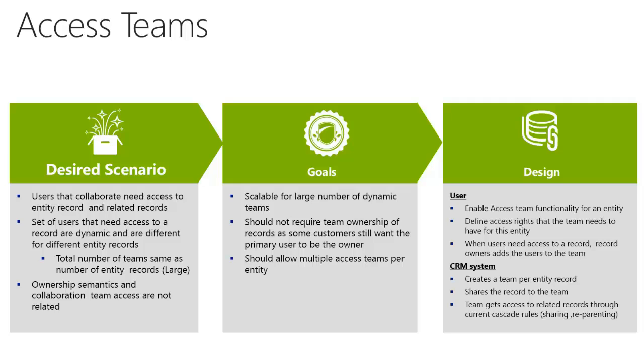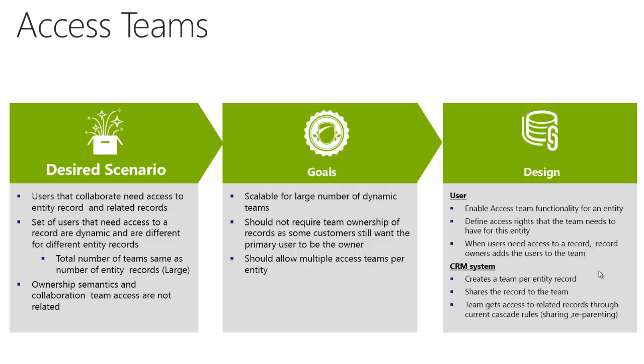The platform security layer will automatically grant access then to the records of this entity type for the access team. And we also allow for each related entity through its relationship to the parent collaboration entity, so that the collaboration team members that need access to the related records of the parent entity can get the access.